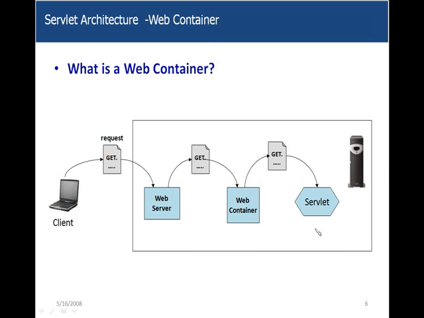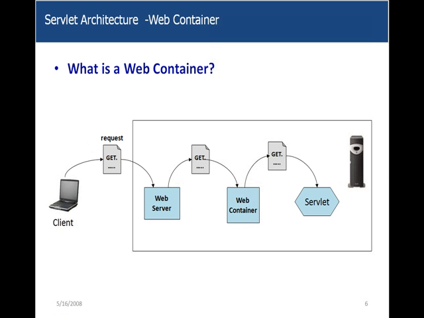Basically, a servlet lives and dies within a web container. So a web container is responsible for invoking methods on a servlet. A servlet basically has some callback methods which the web container knows, and it is responsible for calling those methods on the servlet.